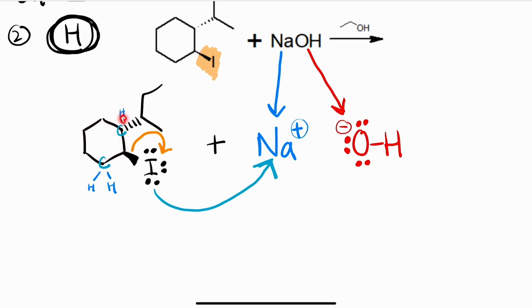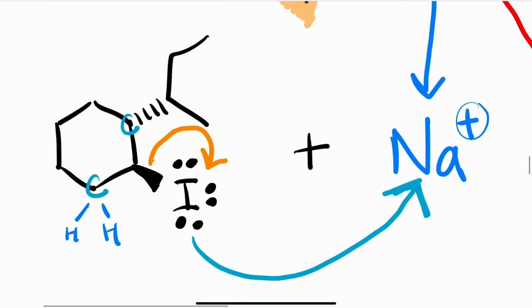What direction is that hydrogen going in? You have to show that. It's going to always be the opposite of what it's connected to, what that direction is. So this is showing as a dash going away from us. So that means that this hydrogen is coming towards us. It's a wedge, because this is a dash.